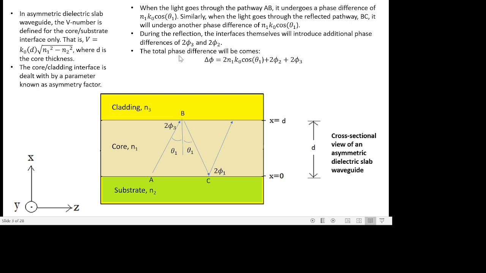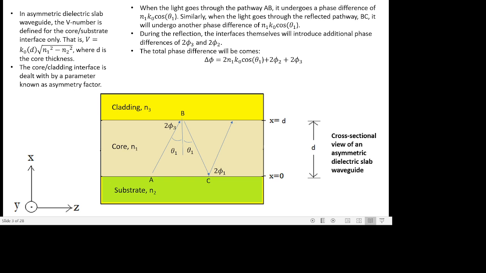So altogether, the total phase difference will become this much. So the round trip has a phase difference 2 times n1 times k0 times cosine of beta 1 plus 2V2 plus 2V3.